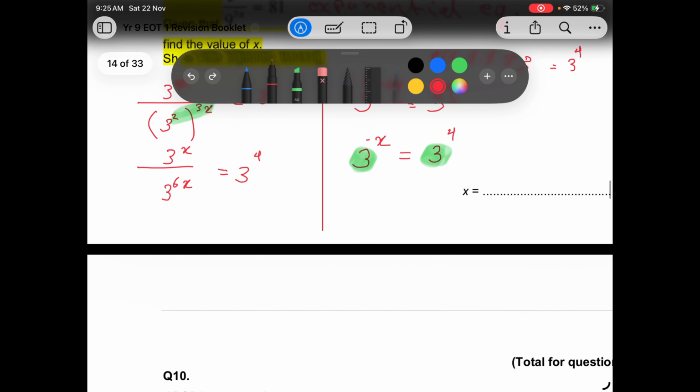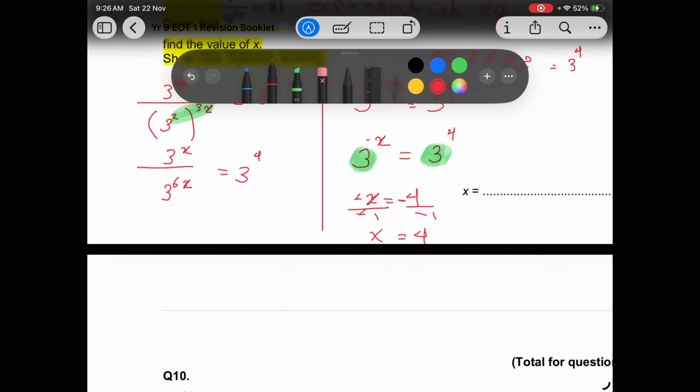So minus x equals 4. You can just remove the minus from here and put it here. Or if you like, we can make it longer by dividing both sides by minus 1. If you divide by minus 1, the minus with minus is eliminated. Then x will be 4, or multiplying both sides by minus 1, or simply removing minus with minus.